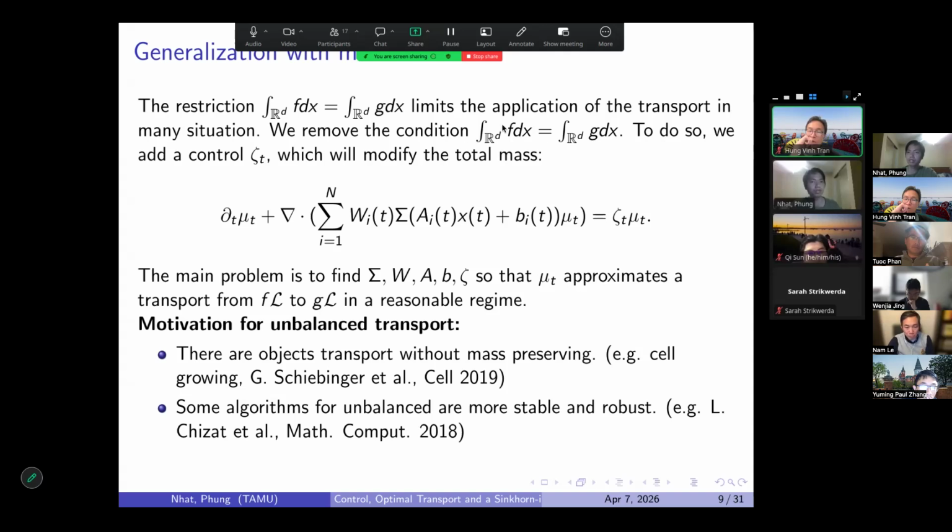They remove this condition, and they make an algorithm for that. We actually try to use some more recent algorithms, so that it might have better performance for the transport. So that is about the motivation and why we consider unbalanced transport here.